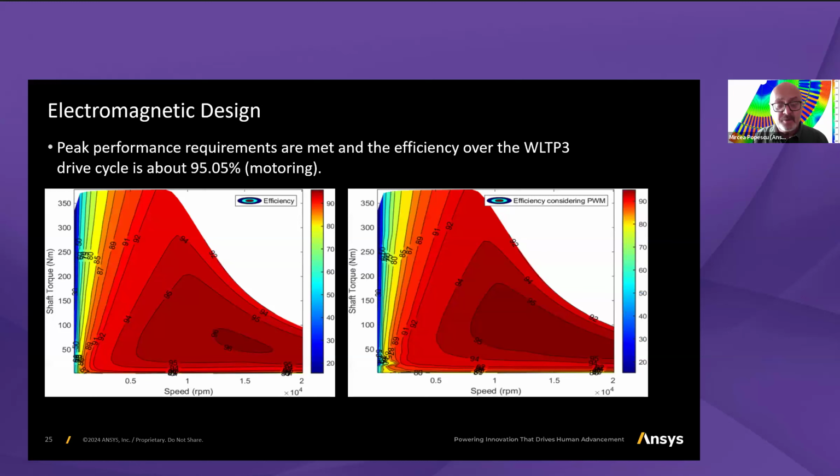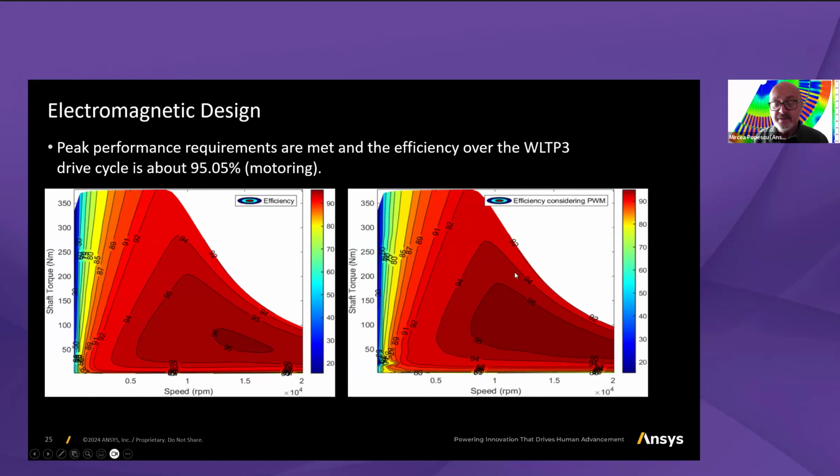And for a better comparison, we have the case on the left hand side in this slide, where we have efficiency map of this machine with sinusoidal current, which goes closely to 96%, but very small region. This is in sinusoidal.